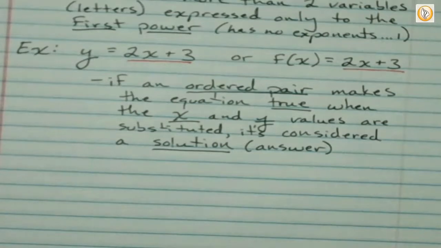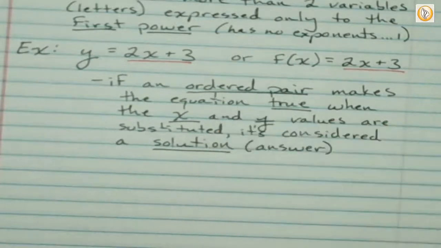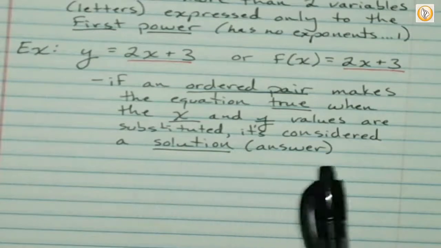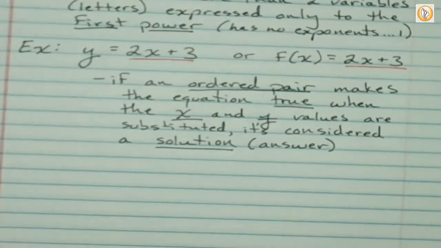So that's how we're going to check what the answer is. We're going to be substituting. If an ordered pair, an x and a y, makes the equation true, remember this is the equation we're talking about, when the x and y values are substituted, it's considered a solution, meaning it's a true answer. And I'm going to give you an example on that.